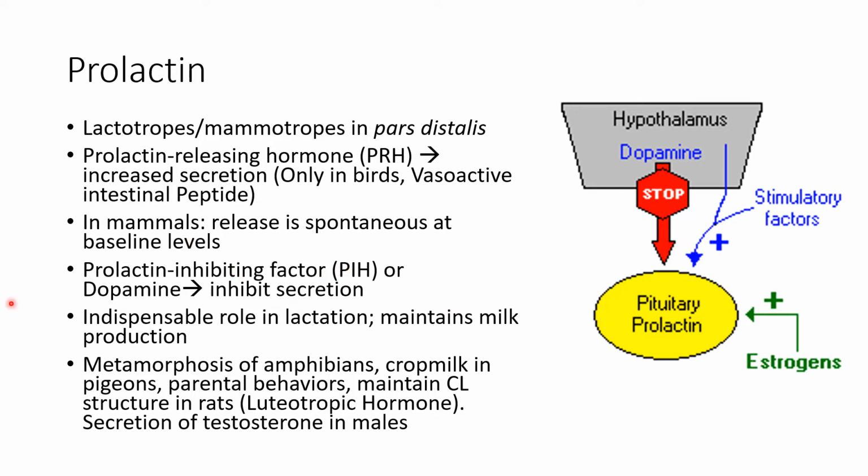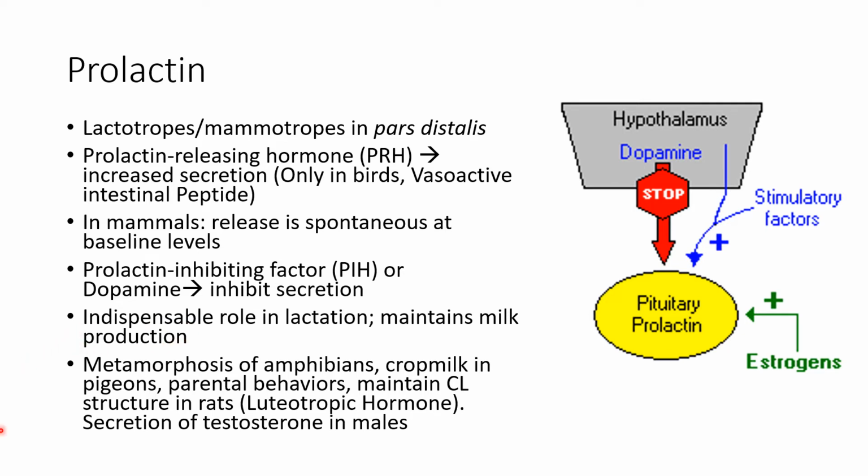However, there are speculations that there is also the existence of a prolactin inhibiting factor. But as of now, the antagonist of the secretion of prolactin is understood to be dopamine. With regards to function, of course, it has an indispensable role in lactation, and maintains milk production, especially in milking lambs.